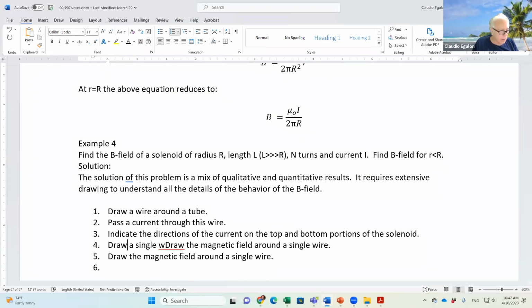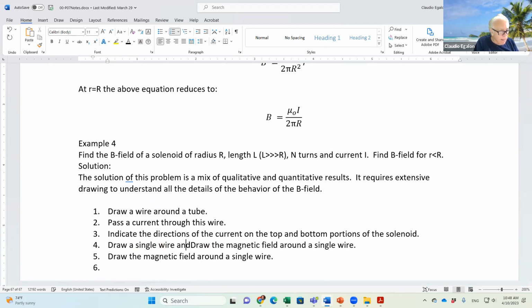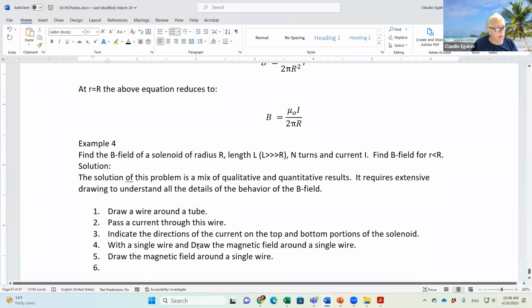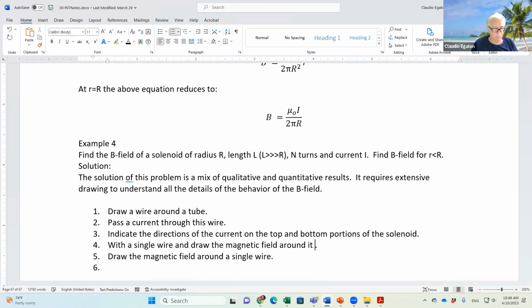Draw a single wire, and with a single wire, draw the magnetic field around it. It should circulate around it.